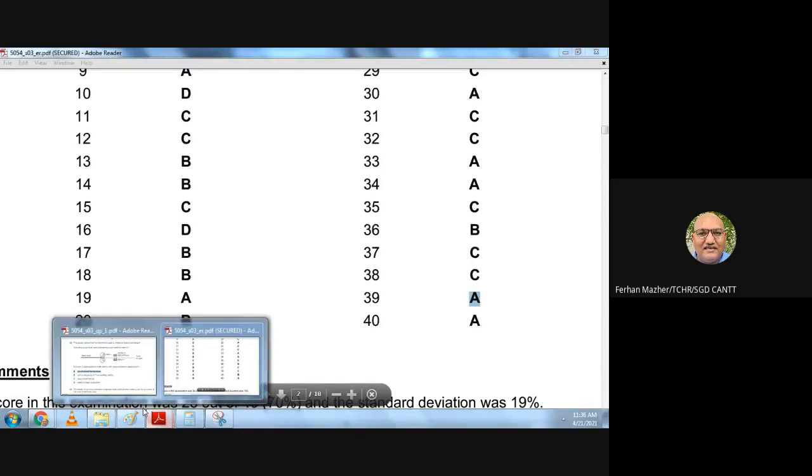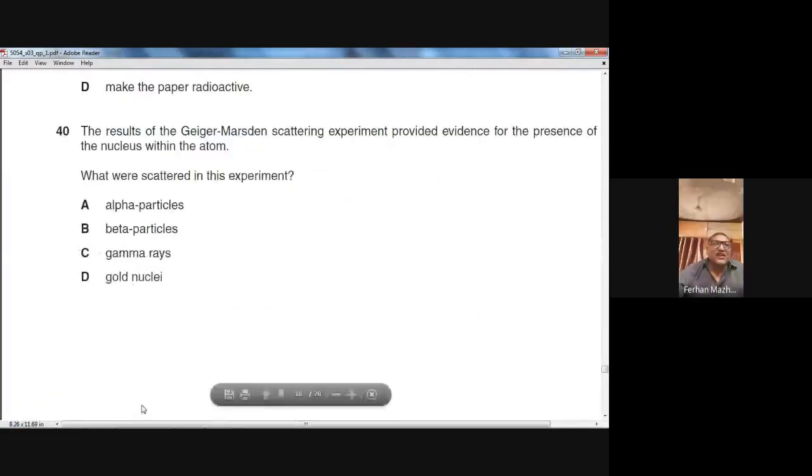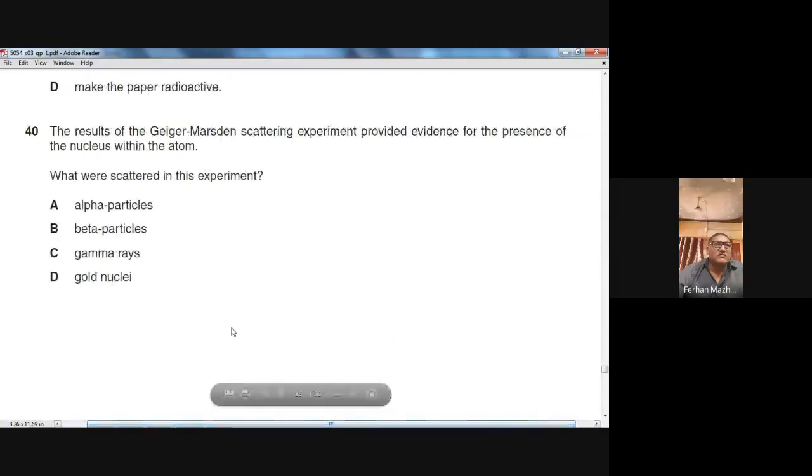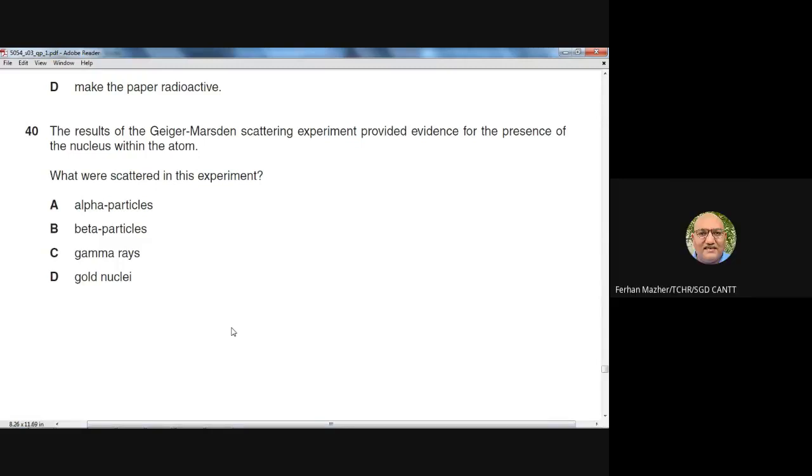Then we have question number 40 coming on your screen. The result of the Geiger-Marsden scattering experiment provided evidence for the presence of the nucleus within the atom. What were scattered in this experiment?